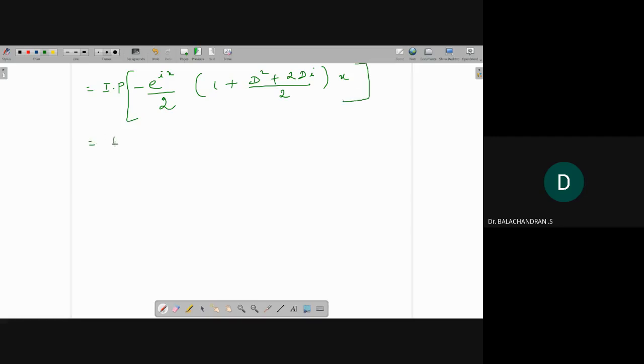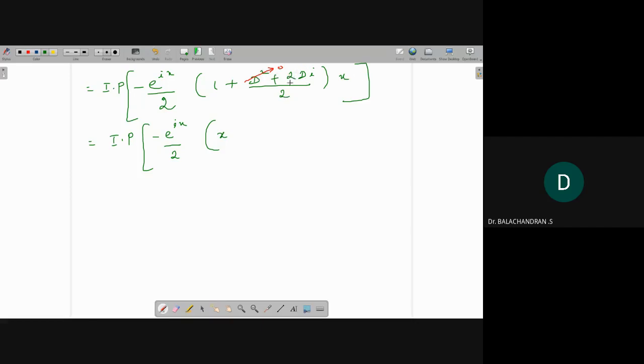So this is equal to the imaginary part of minus e power ix by 2 multiplied. I don't need the D square term, because D square of x is 0. So 1 into x here, after applying D square of x equal to 0, remaining we have 2Di by 2.